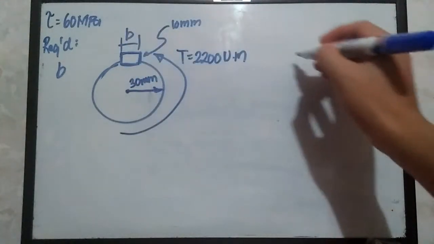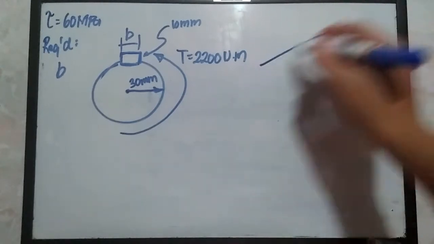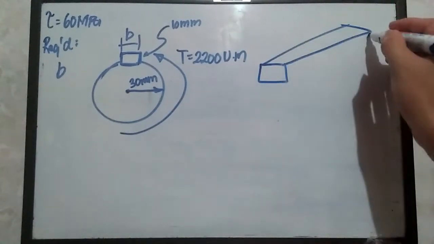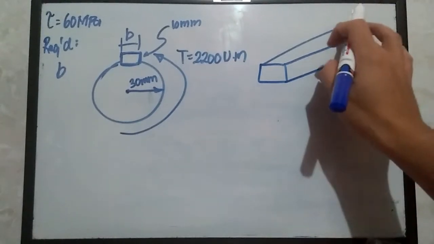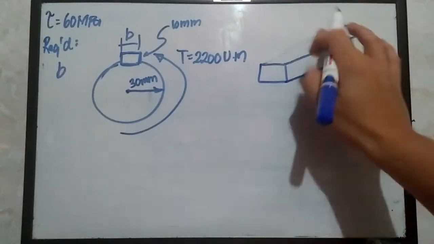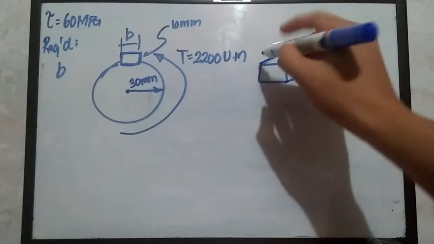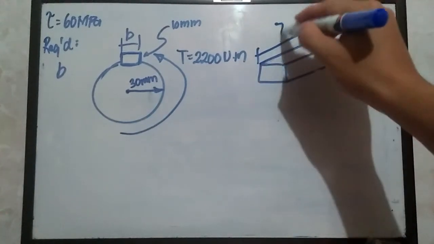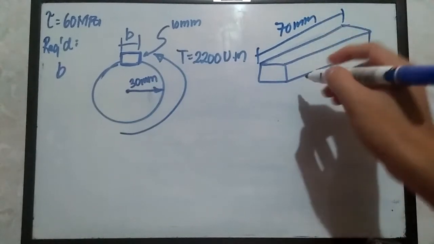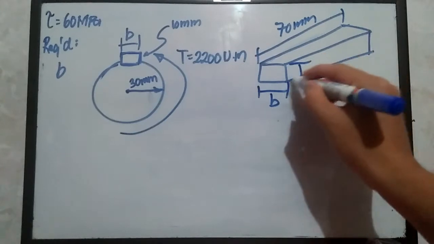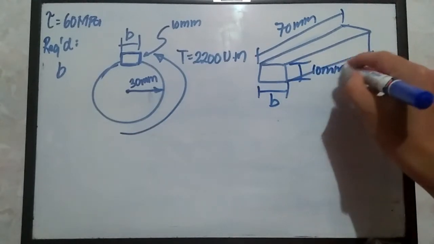This locking key should be somewhat like this. I'm going to draw this much better, like that. This one is 70 millimeters, this one is B obviously, and this one is 10 millimeters.